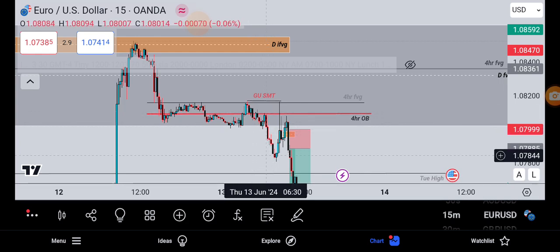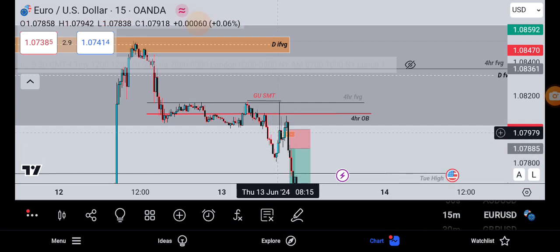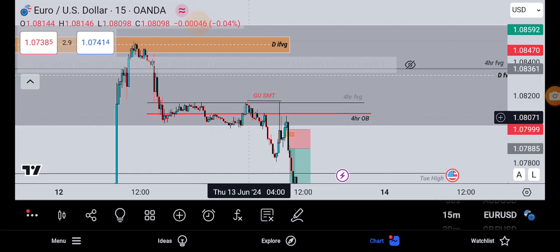Probably this was the first fake move, because if somebody entered inside this level with the stop loss above these swing highs, the market could have rallied in his direction, and before hitting the TP during the news, we had this rally higher, probably taking out anybody who had entered early.